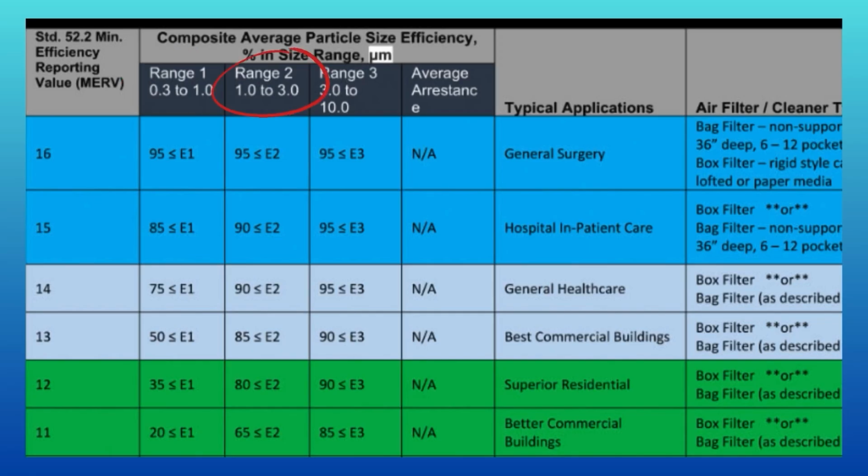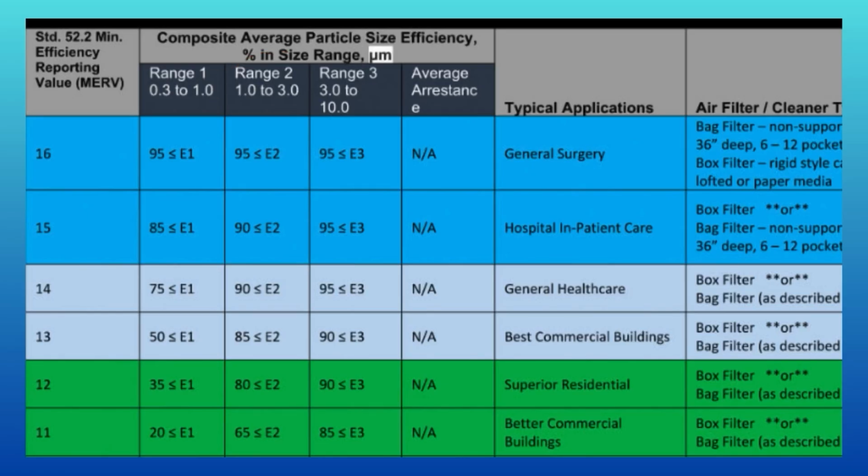Then you'll see the next column over, that's range 2, and those are the particles that are from 1 to 3 microns. That's where our PM 2.5 particles are in. That's in the middle column. And then the furthest column on the right of those three is range 3, which are the 3 to 10 micron particles.